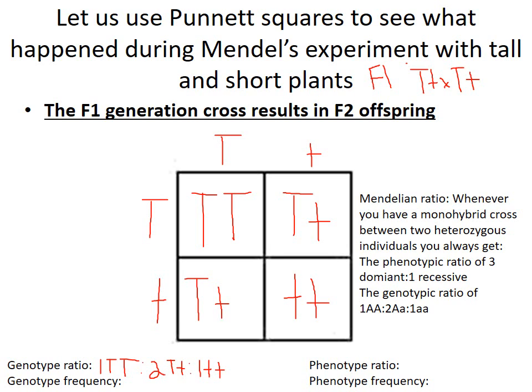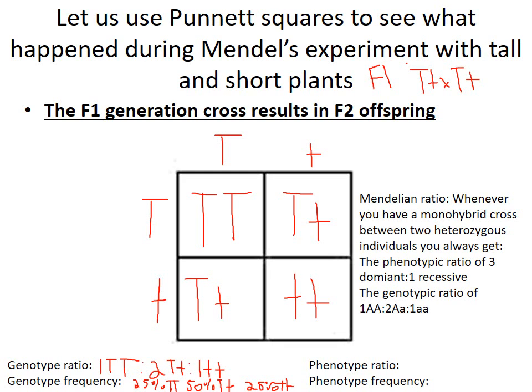If you want to write that as a frequency or a proportion, you would write 25% big T, big T, 50% big T, little t, and then 25% little t, little t. That's for the genotypes.